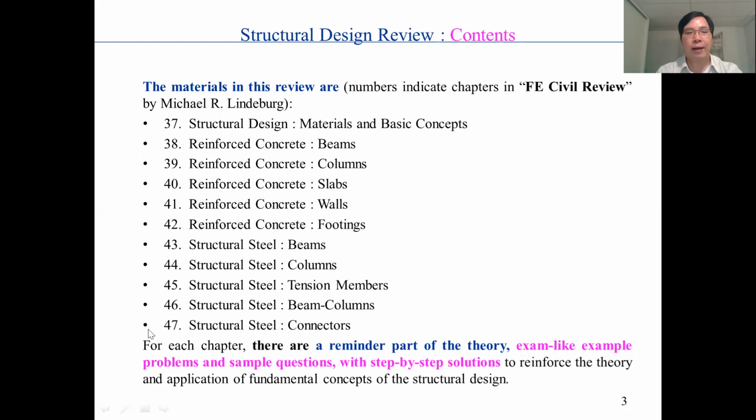Pay attention that for each chapter there is a reminder part of the theory, and then there are exam-like example problems and sample questions with step-by-step solutions. I have designed this course for reinforcing the theory and the application of fundamental concepts for structural design.